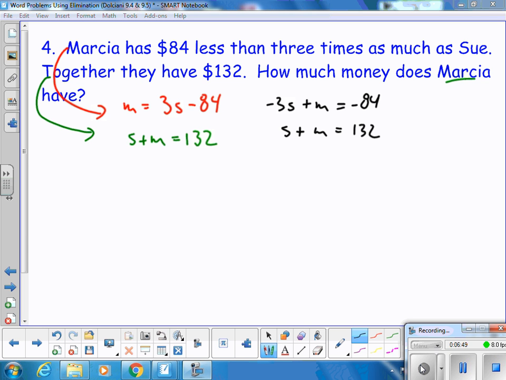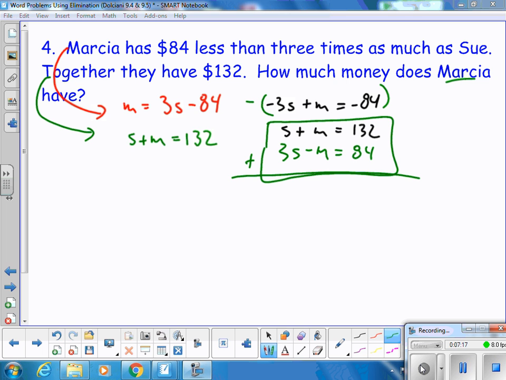All right, I took my first equation and moved everything around so I can stack them nicely. I see that I have a positive m in one equation and a positive m in the second equation, so I am going to do some multiplying. It's kind of our subtraction method, but it's also multiplying by negative 1. So I'm going to restack it here below, and that becomes 3s minus m equals 84. So here are my two equations that I'm going to be solving.